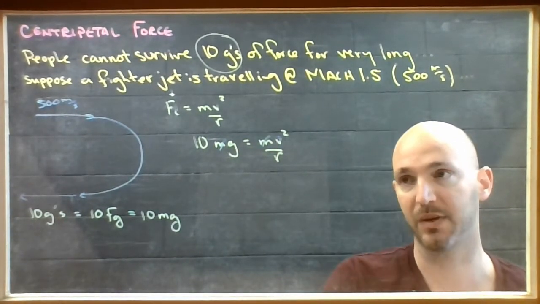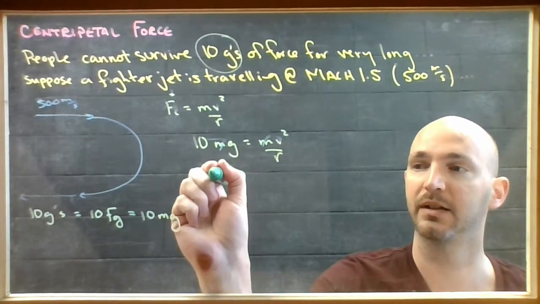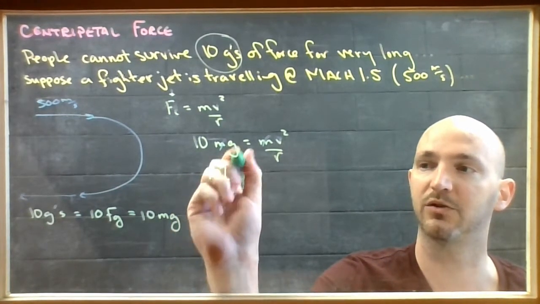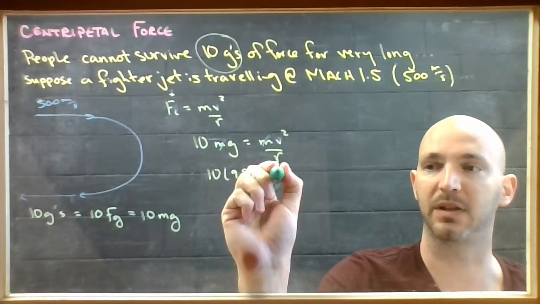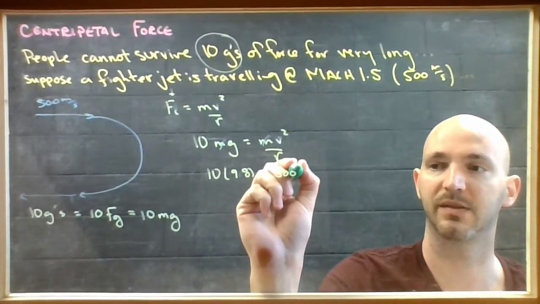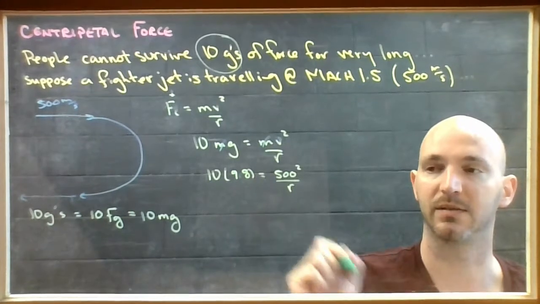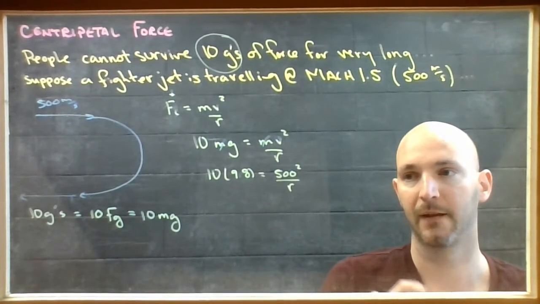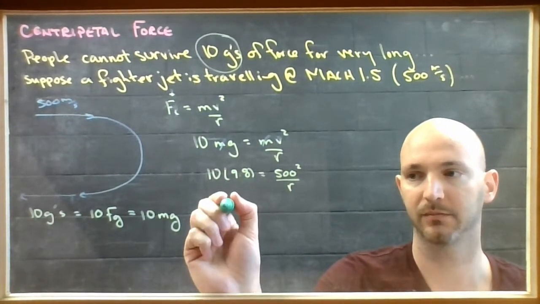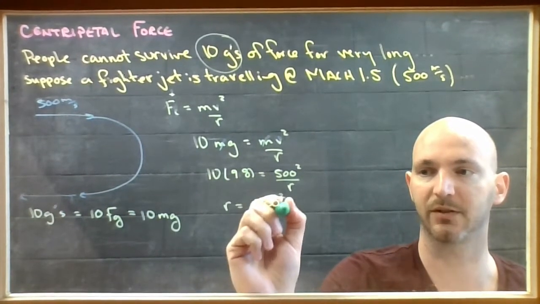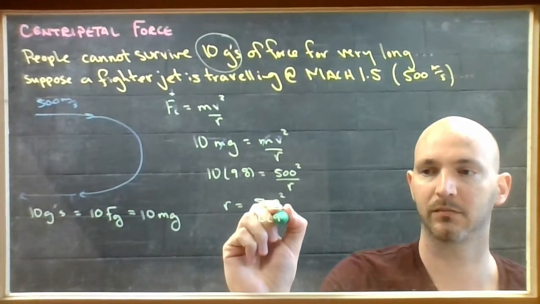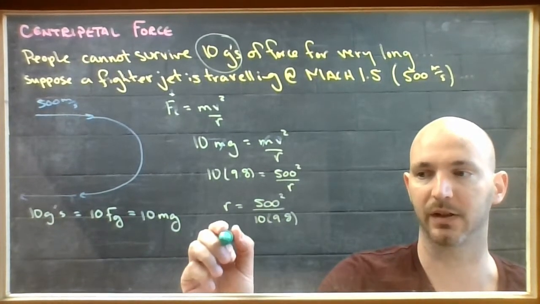I have a speed, so I end up with 10 times g, which is 9.8, equals v, which would be 500, squared divided by r. So I'm going to pop the r up here. I'm going to put these underneath, and I'm going to calculate this.